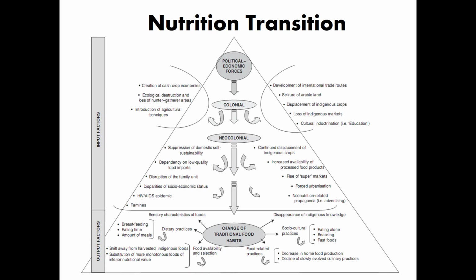So last but not least, we have the nutrition transition. I know this looks super complicated, but this is what I want you to take away from this. Think about how your great-grandparents' food supply may have differed from your food supply today.